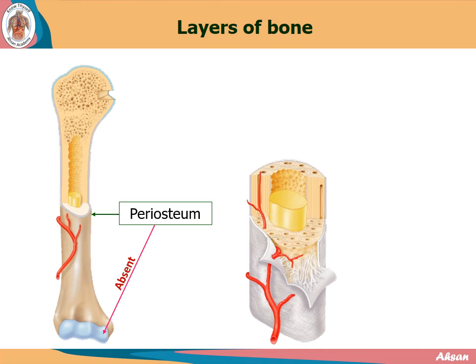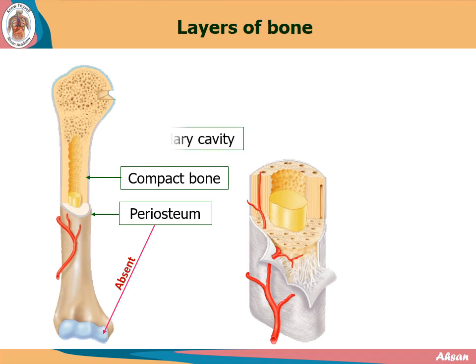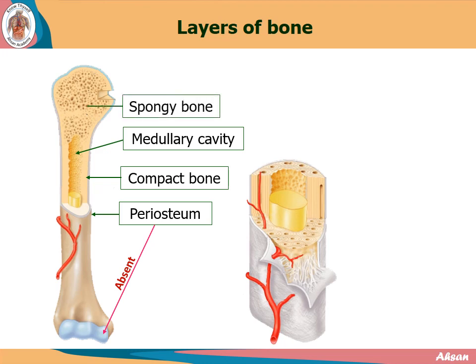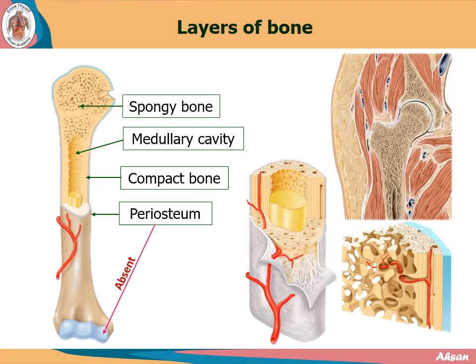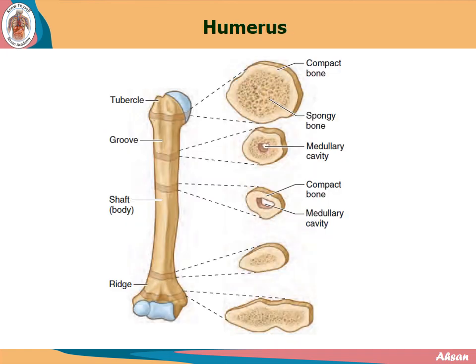Deep to the periosteum lies the compact bone, and in the shaft the compact bone encloses a longitudinal cavity known as the medullary cavity, and inside the ends we get the spongy bone.